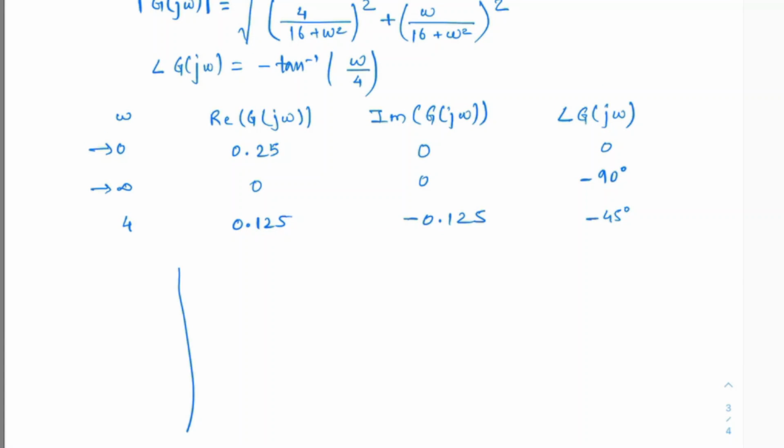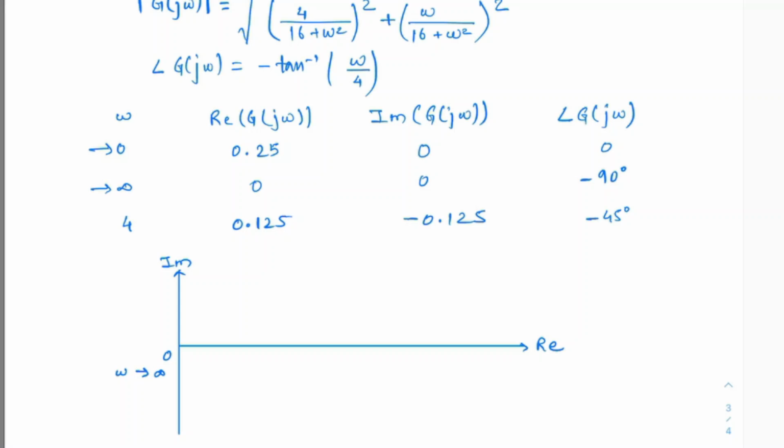So now that we have this, we can draw the Nyquist plot, imaginary axis and real axis. So we know 2 points, 0 on the real axis when omega tends to infinity. So this point will be there, and this point will be there, which is 0.25.